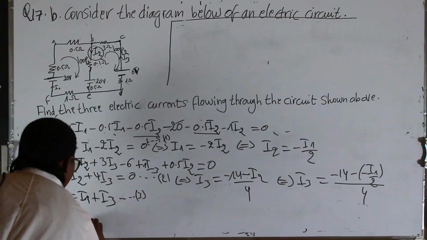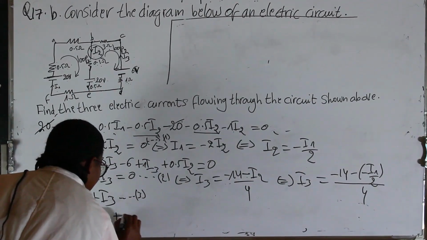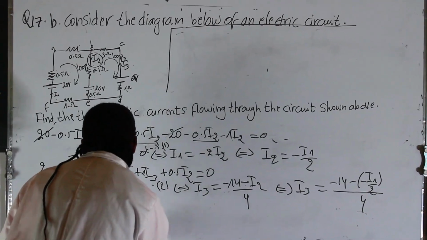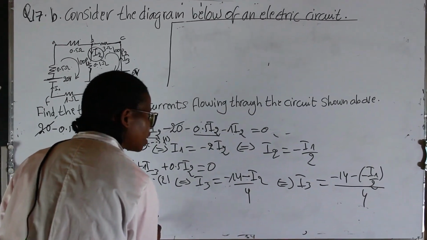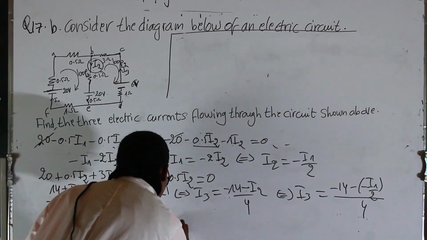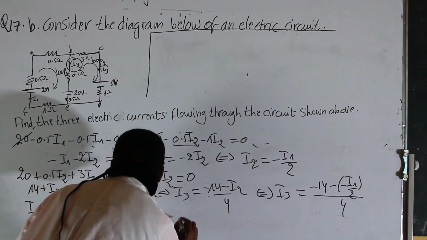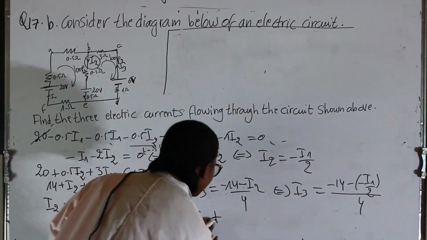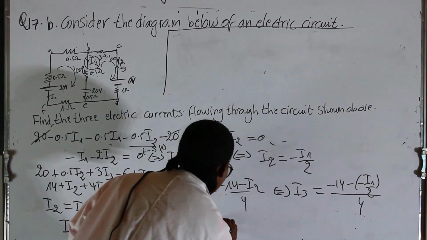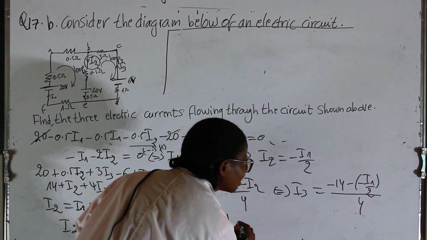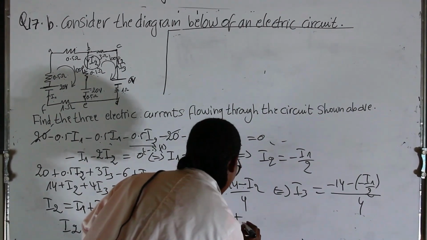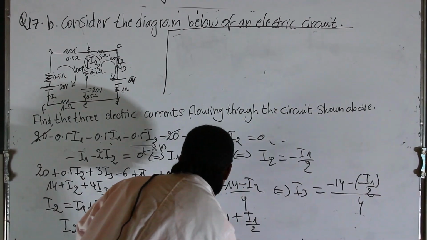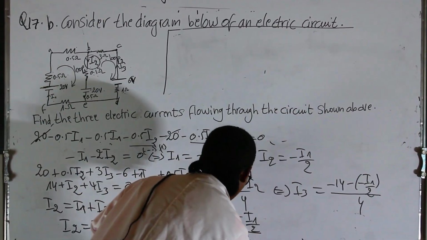I2, which is equal to I1 plus I3. We replace I3 by its value. We will have I2 equal to I1 plus minus 14 plus I1 over 2, then over 4.